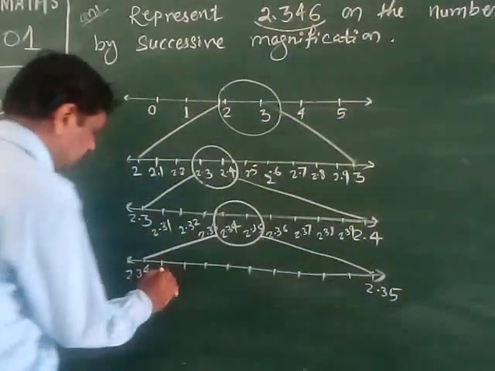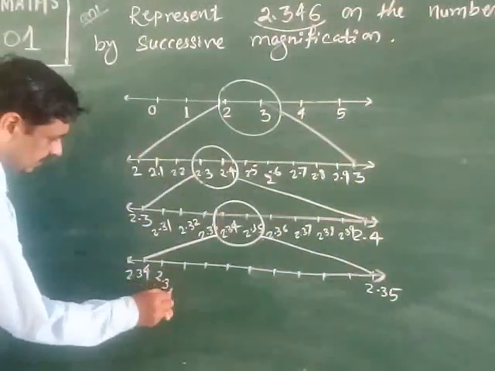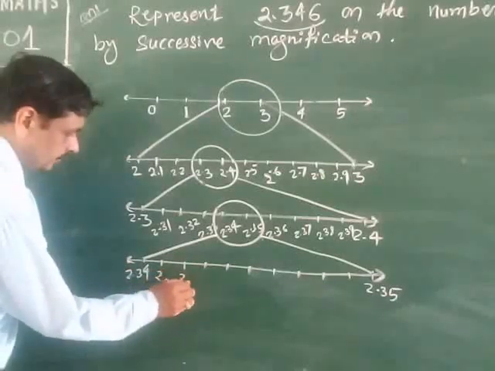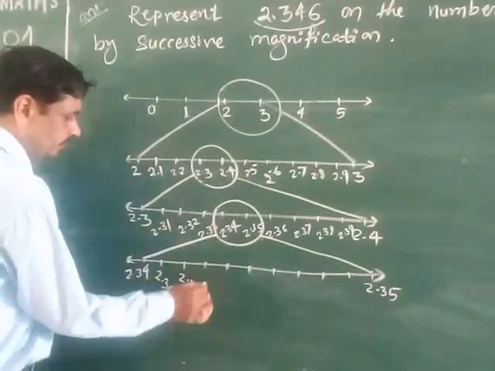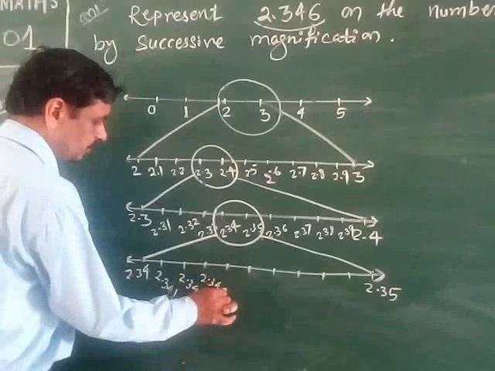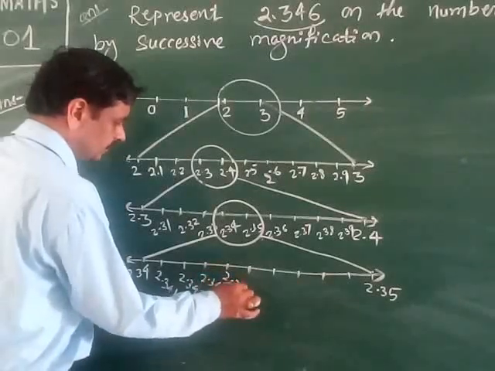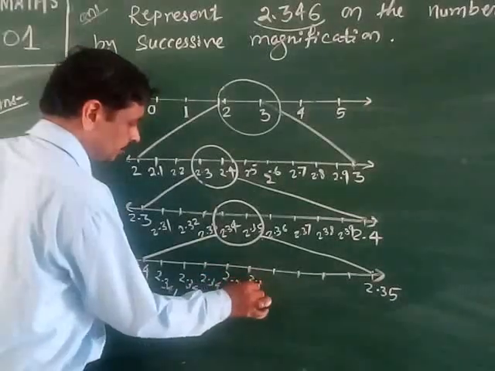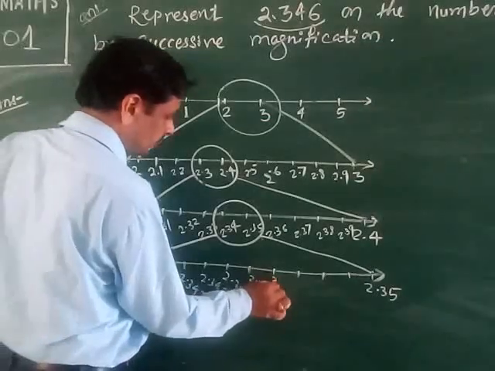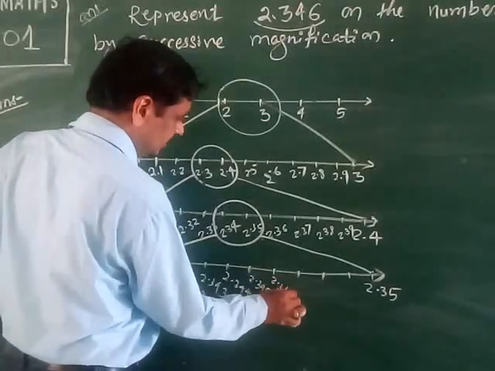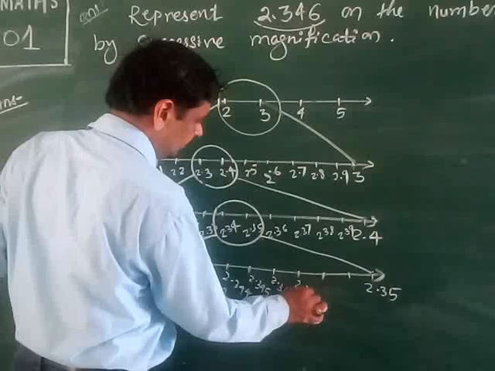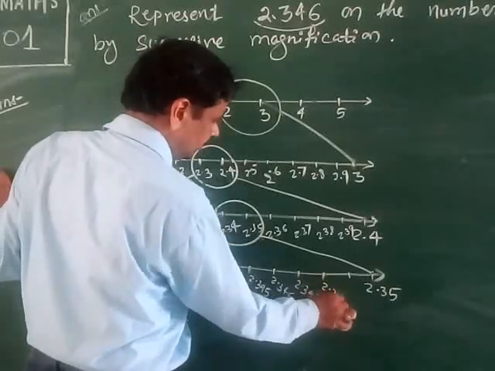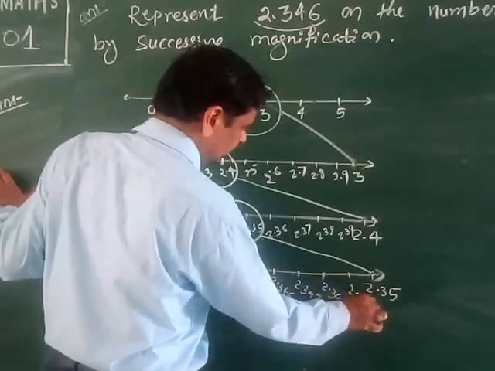Now this one is 2.341, 2.342, 2.343, 2.344, 2.345, 2.346, 2.347, 2.348 and 2.349.